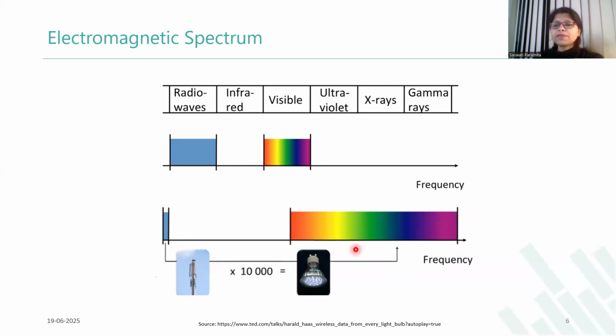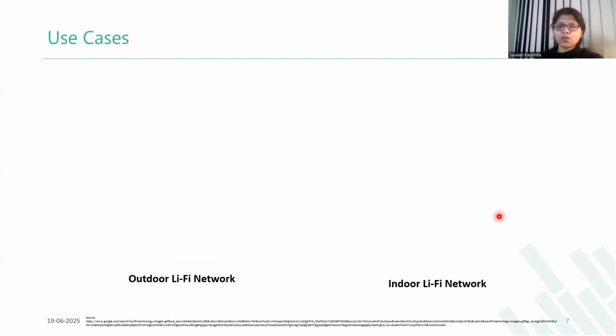Whereas the visible light spectrum availability is very large, in the terahertz range, so we can support 10,000 times more device utilization if we replace these base stations with transmitters such as light emitting diodes or laser diodes transmitting light signals. This is one of the advantages: we can utilize other spectrums which can provide better performance, as well as complement RF.